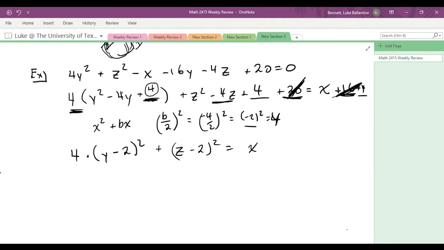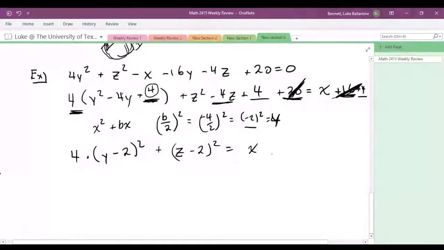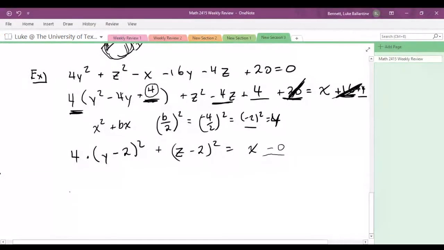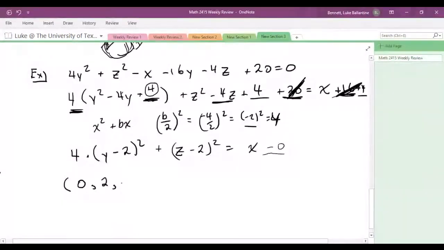So the very tip of the paraboloid, since I don't have a plus or minus over here, has x being 0, y being 2, and z being 2.